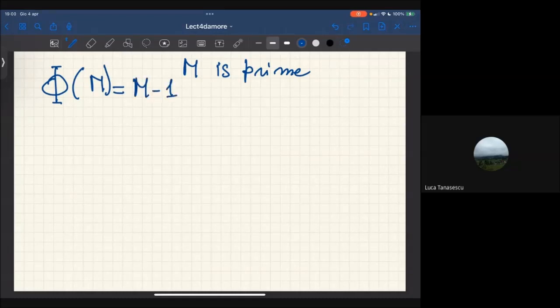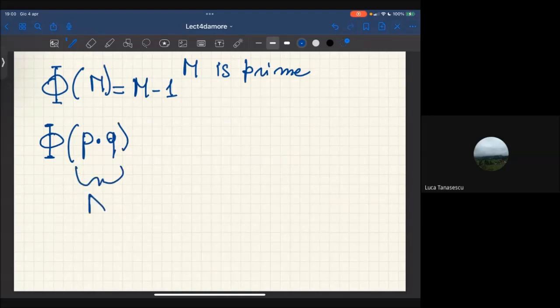What is interesting, if we compute the totient function of a product like P times Q, we call this product N, this is P minus 1 times Q minus 1.